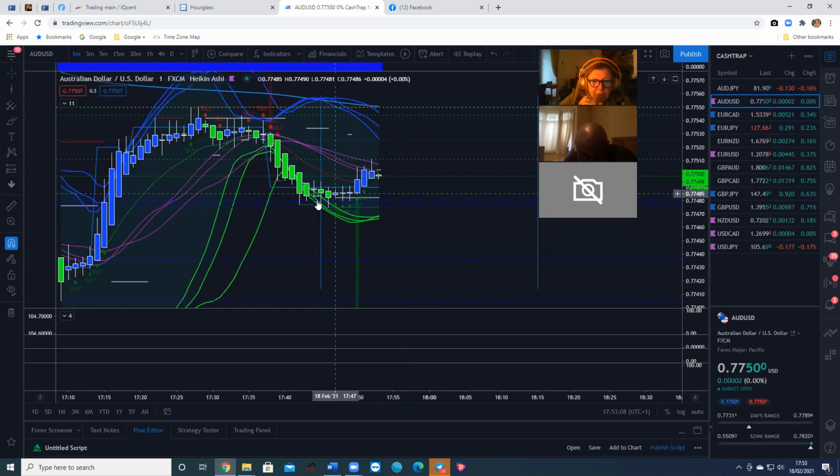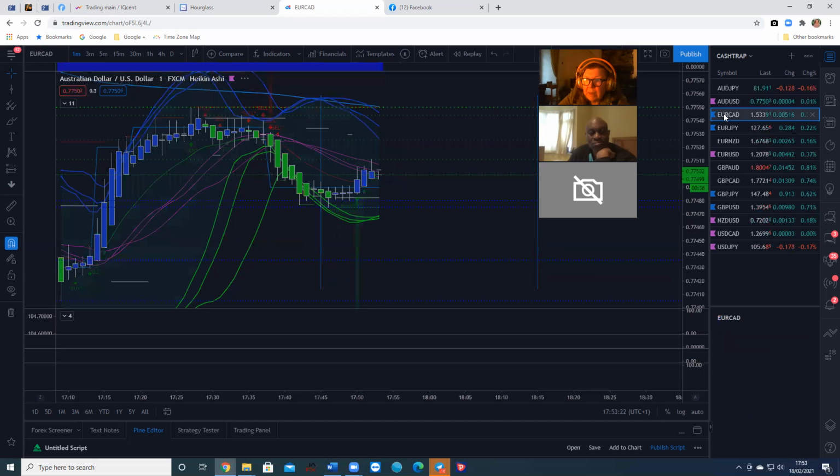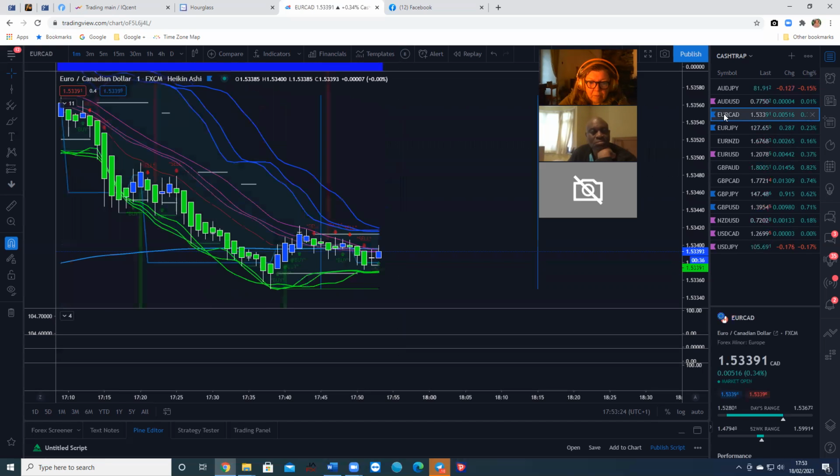It's done a retest of that moving average. It's in a downward trend. It looks like it wants to carry on down, even though the Australian dollar is slightly stronger. But they're very close together on the currency strength meter.